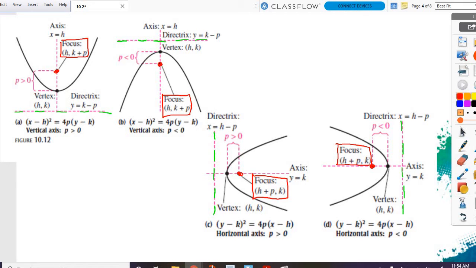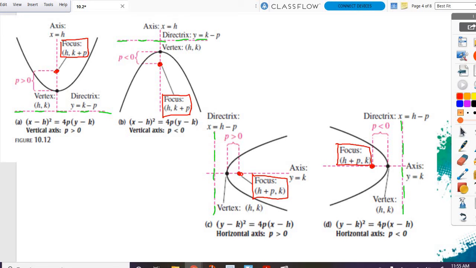So then you know which way it opens. Does that kind of make sense? And if you were given your focus and your directrix, you know that your vertex has to be the midpoint between those two things, and then you know that it has to open towards the focus. Does that help? Yeah. Other questions?